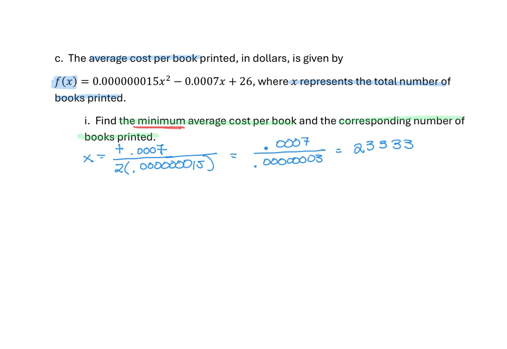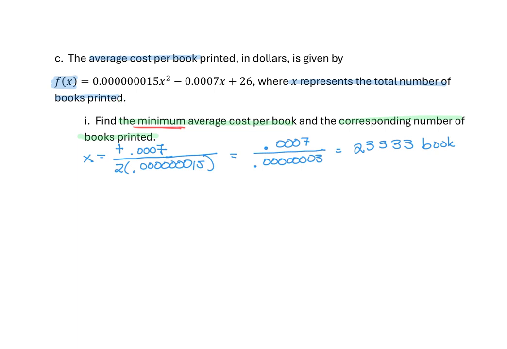Now, what does this represent? Is this the average cost per book, or is this the number of books printed? So this is the number of books printed because it is an x value. x equals 23,333. And remember, x represents the total number of books printed.